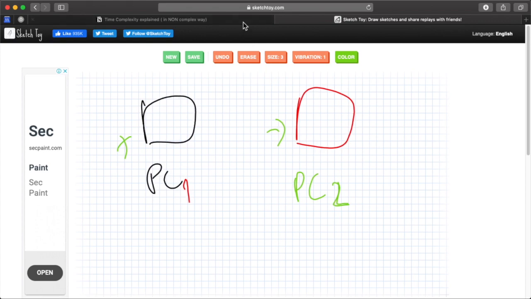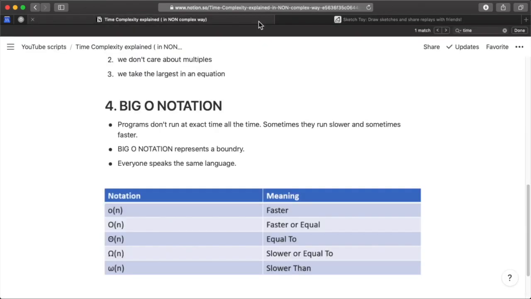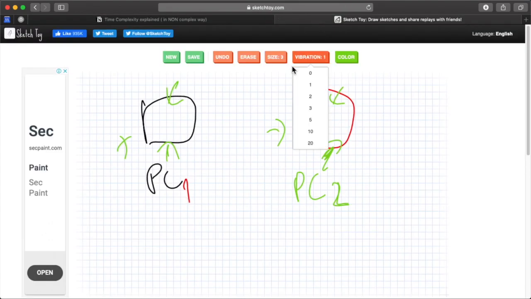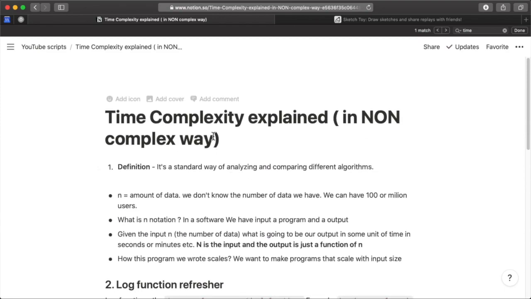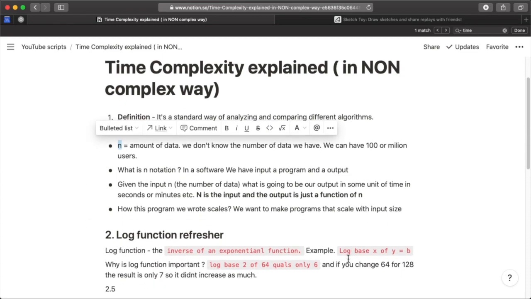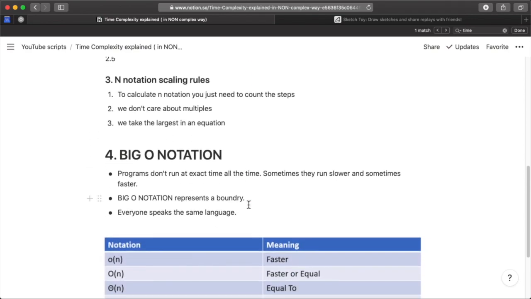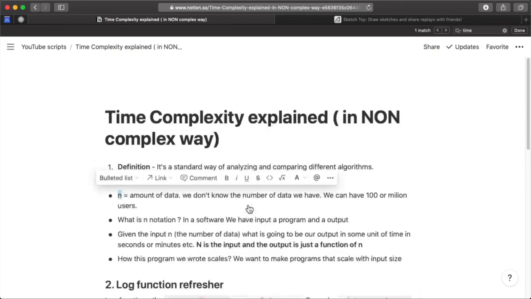It's unfair to compare an algorithm on this PC and this PC, if this is the slower one and this is the fast one. We want to compare different algorithms based on the amount of data, or how they scale given the input size. So that's all I have to say with this video.